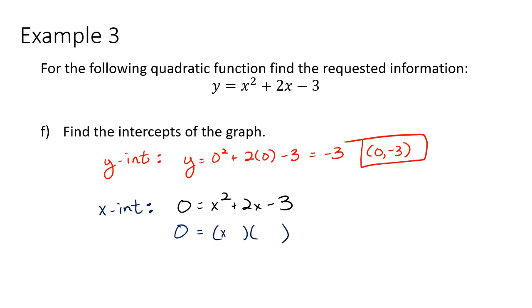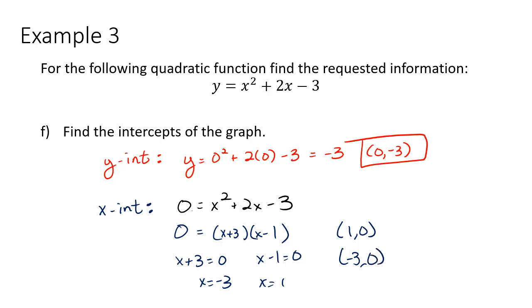So this would be an x plus 3 times an x minus 1. Just to double check, x squared, 3x minus x would be a 2x, minus 3 checks out. I'm going to set each of those equal to 0 and solve, which would give me a -3 and a +1. So +1, 0, -3, 0.